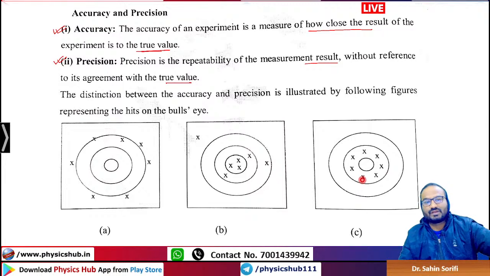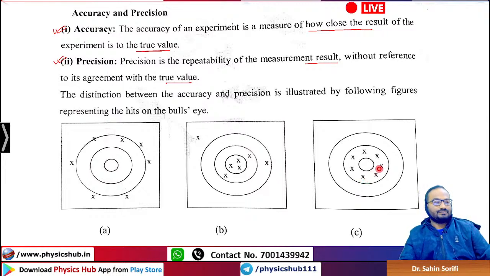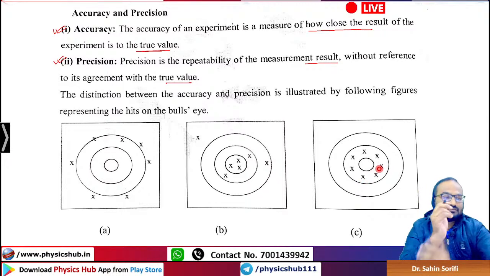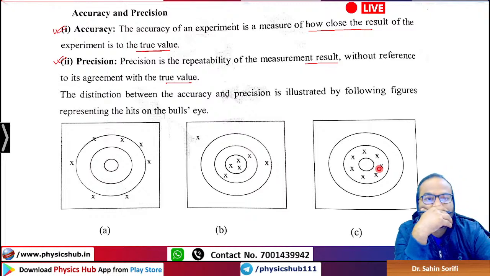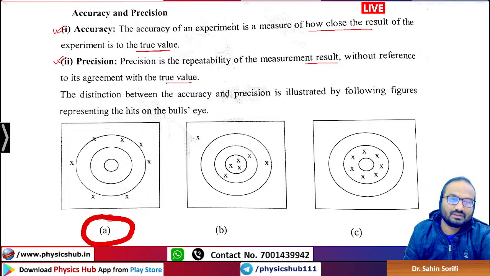So, can you give an estimate? High precision and high accuracy. If you talk about the first figure, does it have high accuracy or high precision?